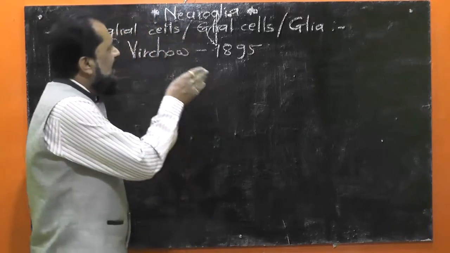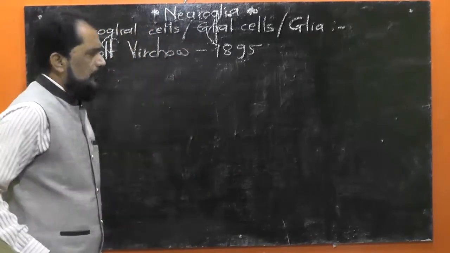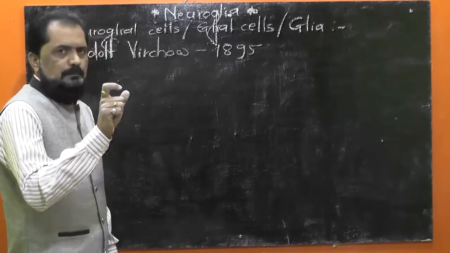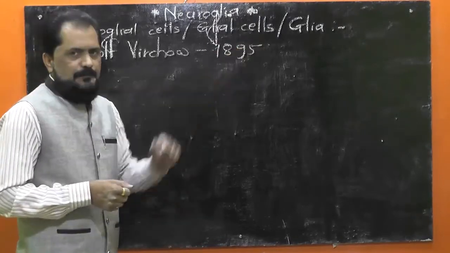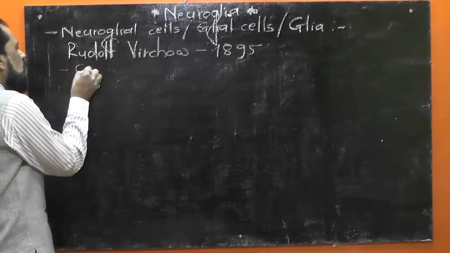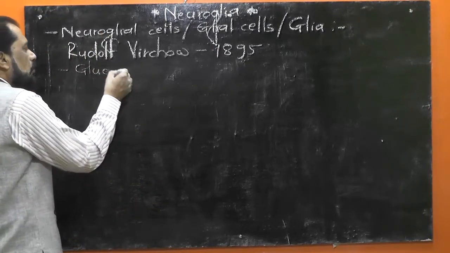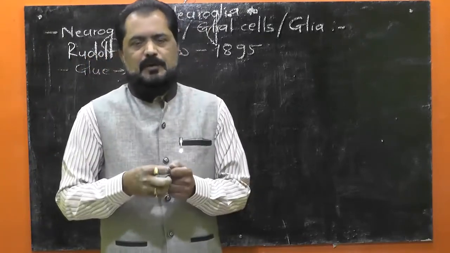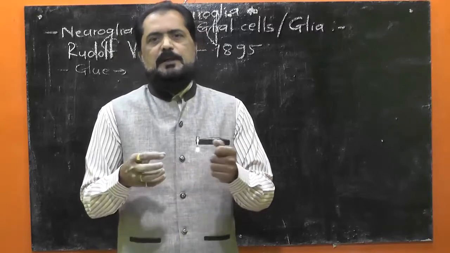Actually here glia, glial cells or neuroglia, all these terms include one important part, that is glia. Glia, this word stands for glue. You know glue, adhesive, which is responsible for the binding of different objects, of different materials.